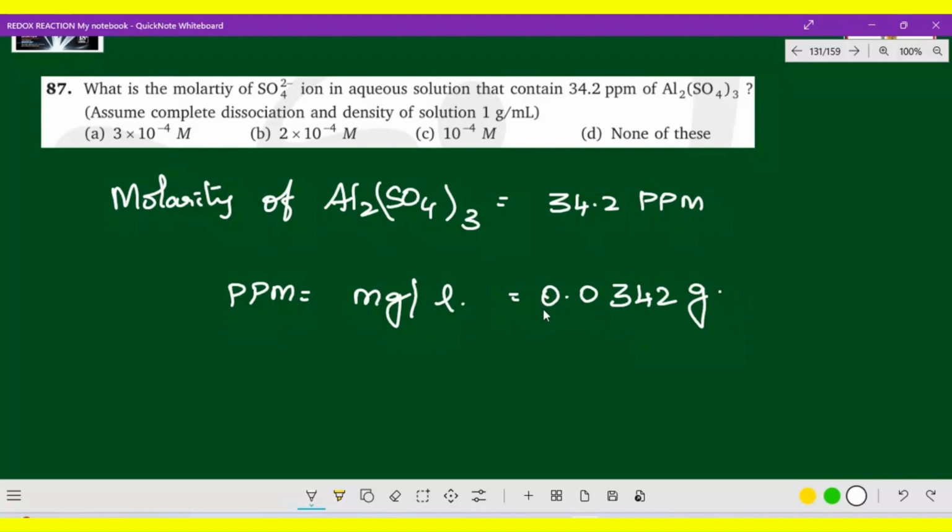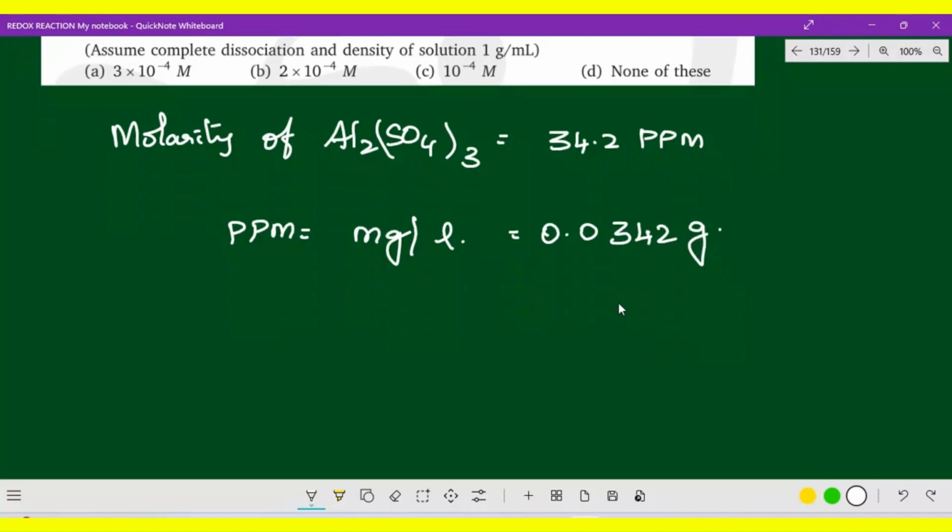We just converted milligram into gram directly. Now the density of pure water is 1 gram per mL only, so here also they mentioned density equals 1 gram per mL, mass by volume.